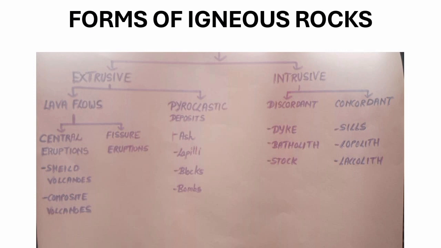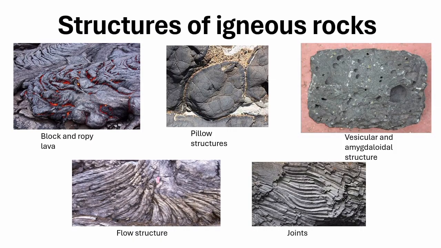Large intrusions formed at moderate to great depth are called plutonic bodies, and small intrusions formed near the Earth's surface are called hypabyssal bodies. Through this flowchart, we could understand more about how it is divided and subdivided into different structures and forms. Next, we are gonna look at the structures of igneous rock.